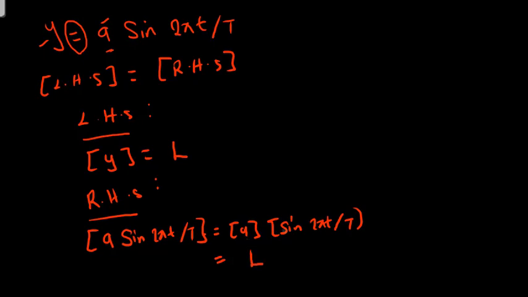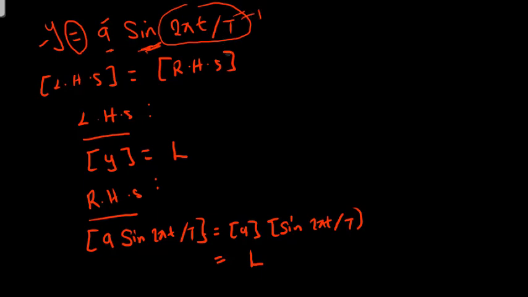But on the dimensions of sine 2 pi t over T, you notice that this is a trig ratio, which is just a sine, and this is only dimensionally correct if this trig ratio is dimensionless. But for the trig ratio to be dimensionless, the dimensions of its argument must be equal to 1.